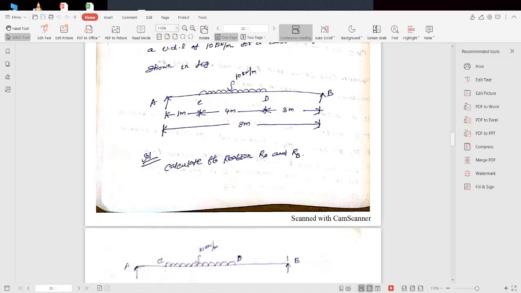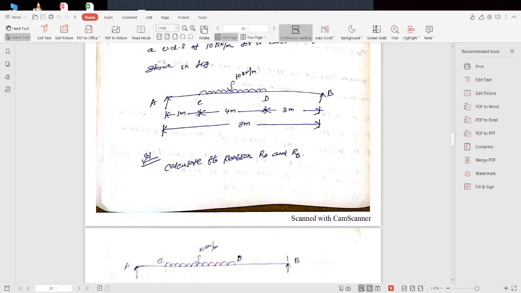So the point load will be 40 kilonewton acting here, and it is acting downward. So this downward load will be acting towards the section A in a clockwise direction. Therefore, it is positive. Therefore, this 10 into 4, that is plus 40 into distance.